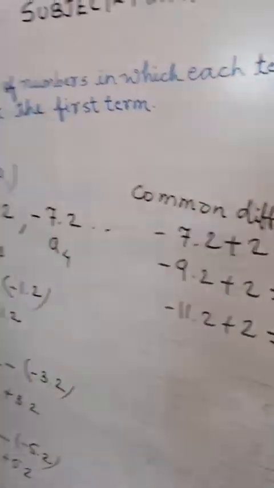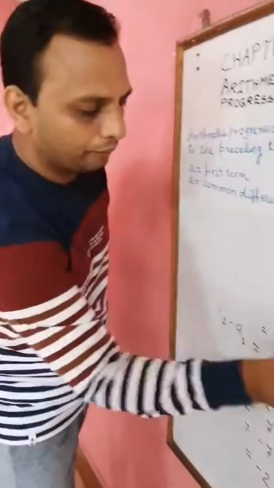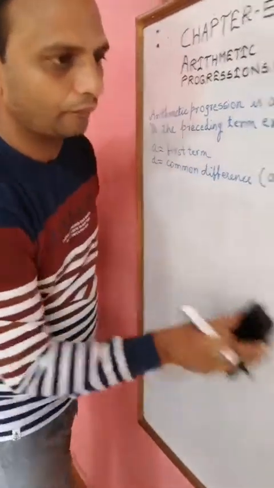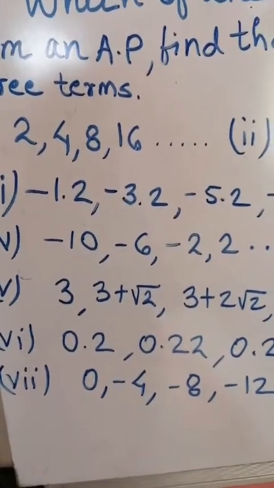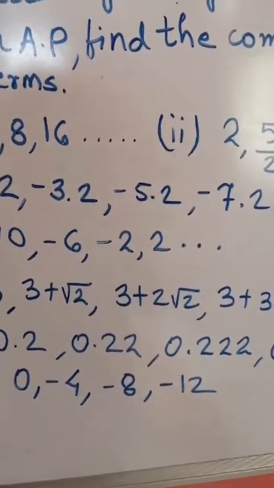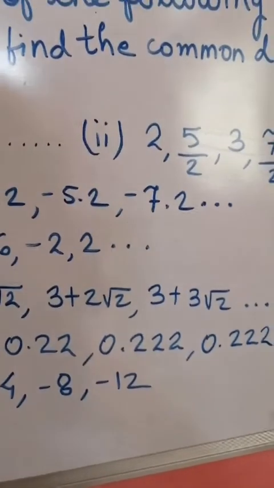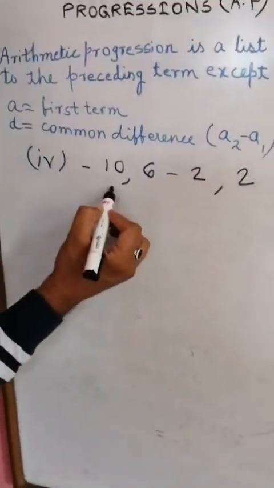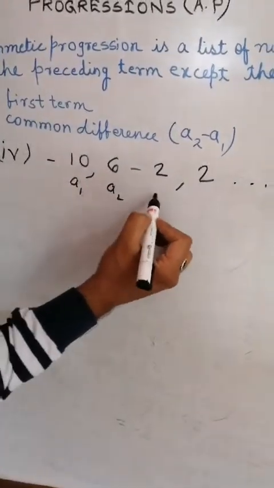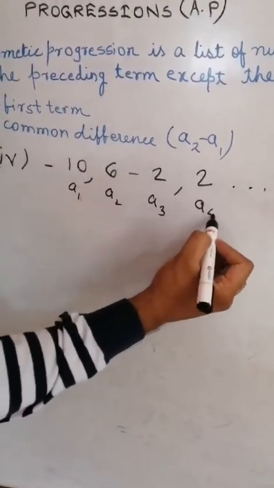Now we will take another question, the fourth one. In the fourth question we have the negative values minus 10, minus 6, minus 2 and positive 2. Mark these numbers A1, A2, A3, A4.